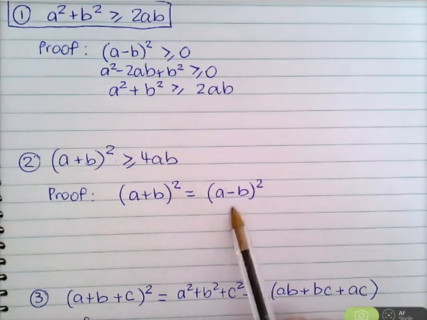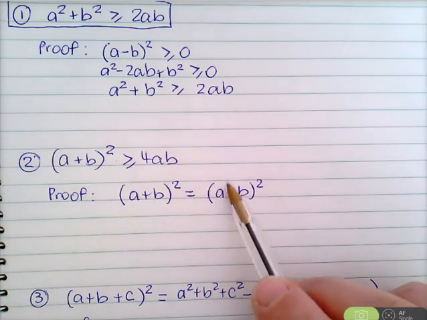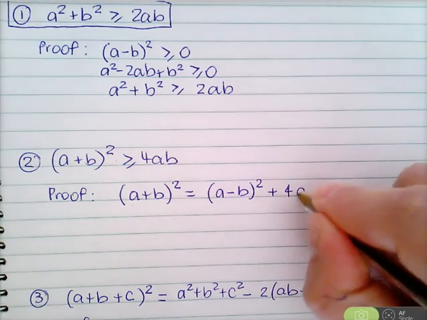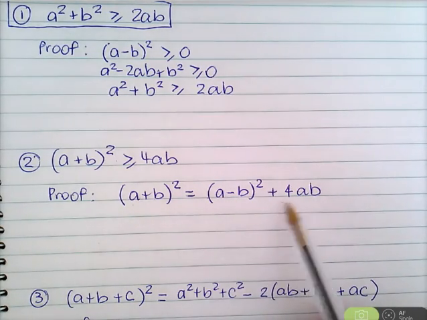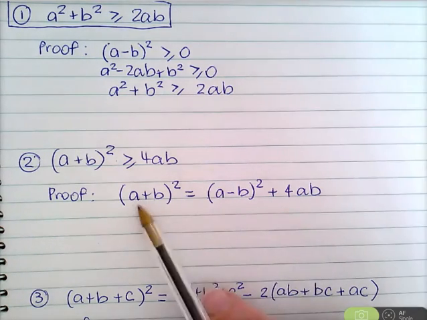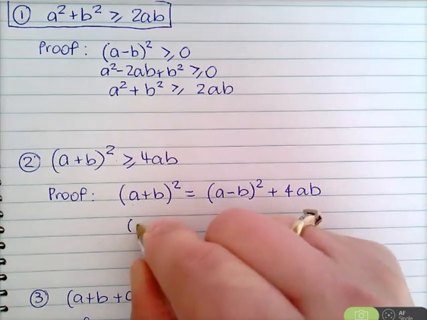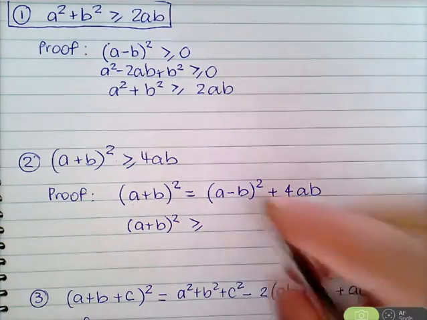So to make these two equal, this is a squared plus 2ab plus b squared, and this is a squared minus 2ab plus b squared. I would add 4ab here, because a squared minus 2ab plus b squared plus 4ab gives me a squared plus 2ab plus b squared. So those two sides are equal. Therefore, we can say that a plus b all squared must be greater than or equal to 4ab.